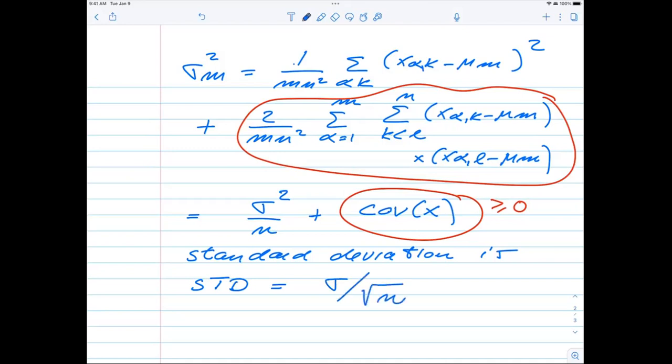Now, normally you will see this with an n minus 1, but we are assuming that we have so many experiments that you can rewrite it as sigma divided by square root of n. And this holds if the covariance of x is equal to 0. If not, then we are getting a too good estimate of the error.